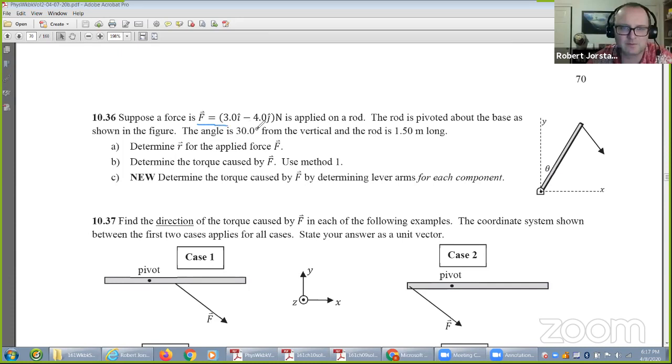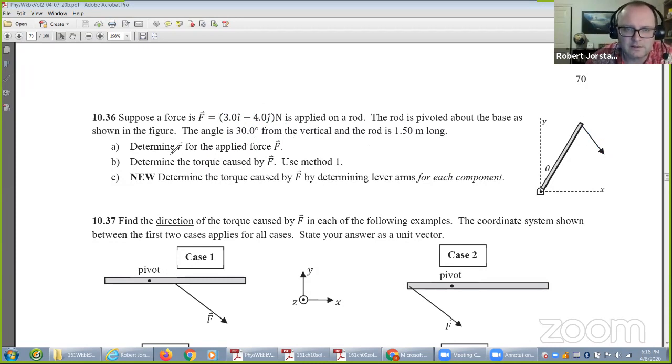All right, so here's my equation. Here's the force. All right, so there it is right there. So there's my force. Take a look. Does that make sense? It looks like it goes to the right and down, right? Cool.